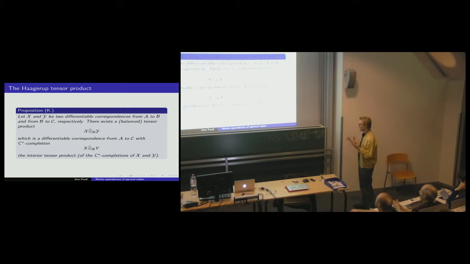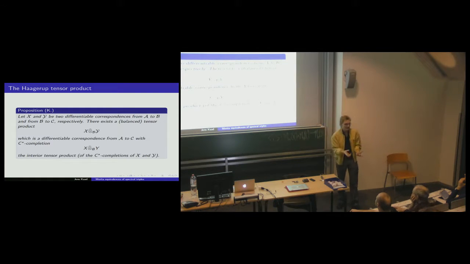And there's a very nice theorem due to David Blecher that says that if you have two C-star correspondences and you take their balanced Haagerup tensor product, what you get is completely isometrically isomorphic to the interior tensor product of C-star modules. So this balanced Haagerup tensor product is a nice generalization of the interior tensor product of C-star modules, but it applies to a much larger category of modules.